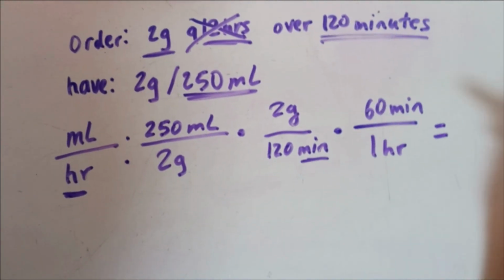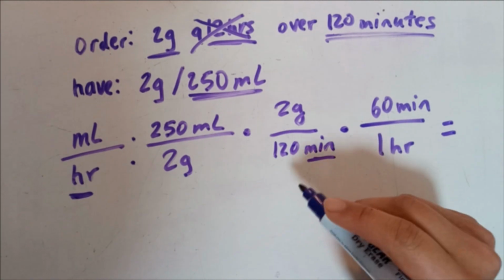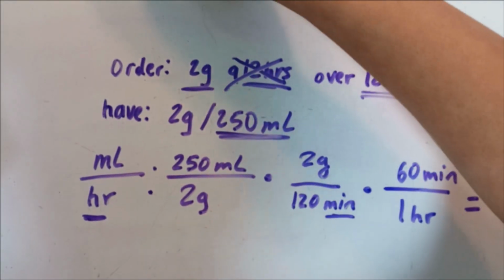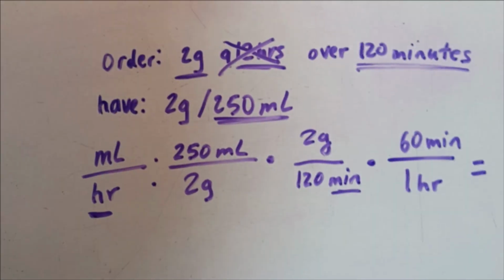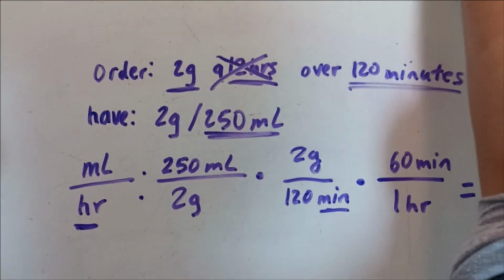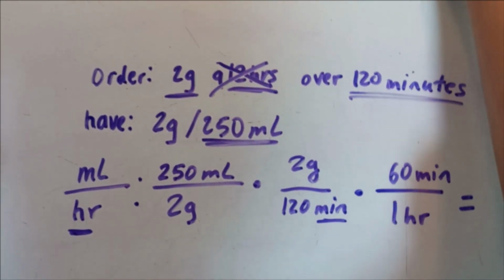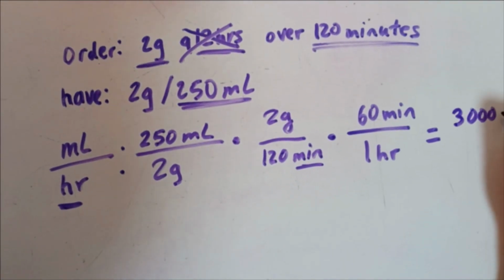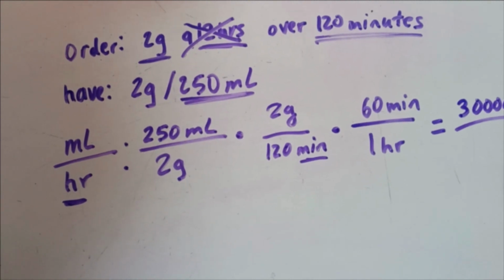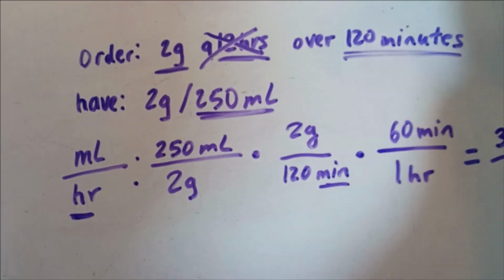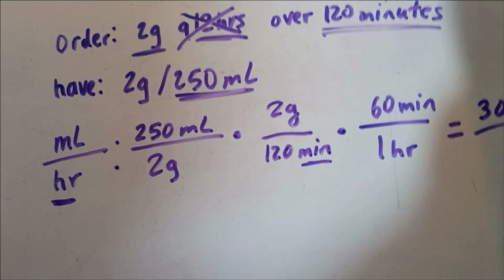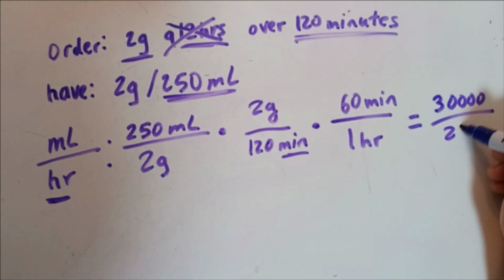Okay? And then if you multiply this all together, so the top, let me do the math here on the calculator. So we have 250 times 2 times 60. Okay? We get 30,000. And then on the bottom, we have 2 times 120 times 1 is 240.